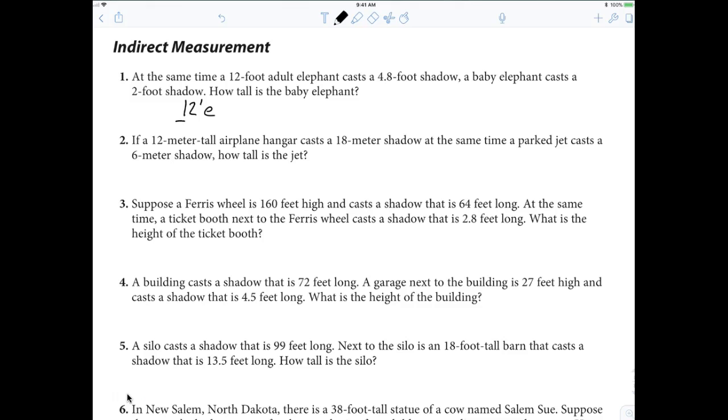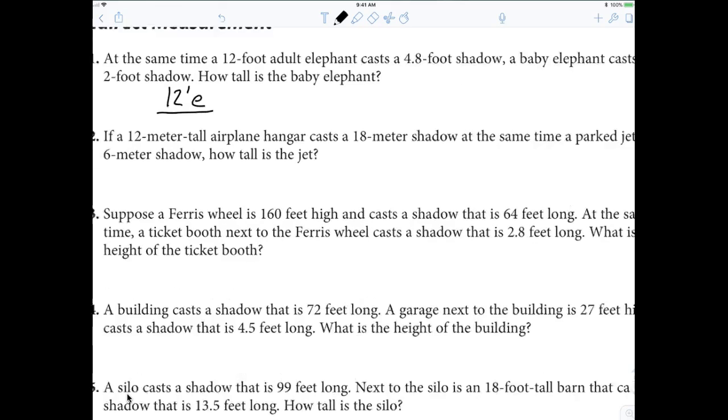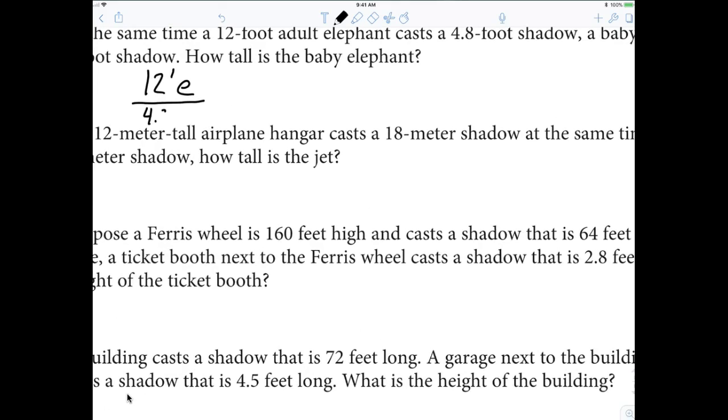The elephant casts a 4.8-foot shadow. On this proportion, I have the elephant on top and the shadow on the bottom. When I set something equal, I know the elephant's going to go on top, and the shadow's going to go on the bottom.